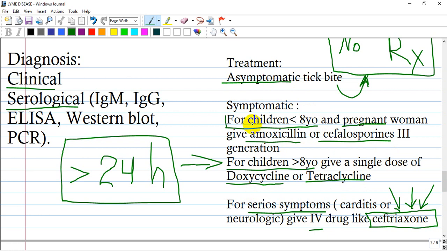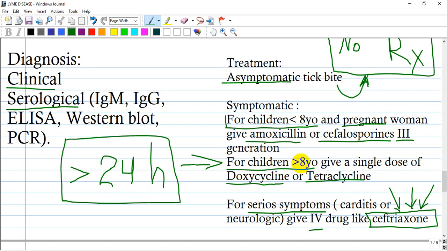Children will get discoloration of teeth, and pregnant women may have deformities or malformation of the future fetus. So we are giving amoxicillin or third generation cephalosporins for advanced disease, and amoxicillin for the first, early, localized stage.